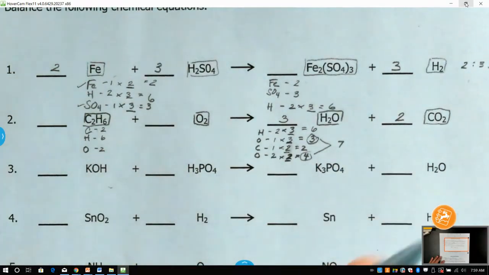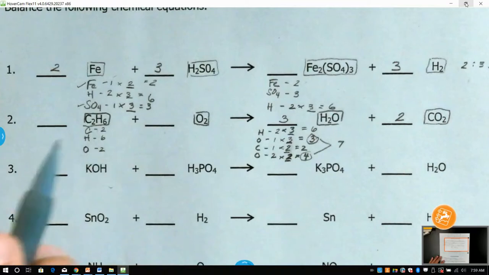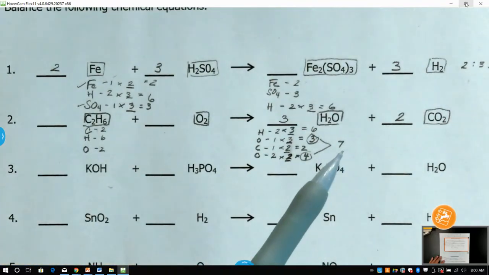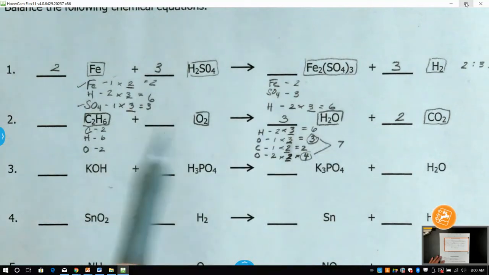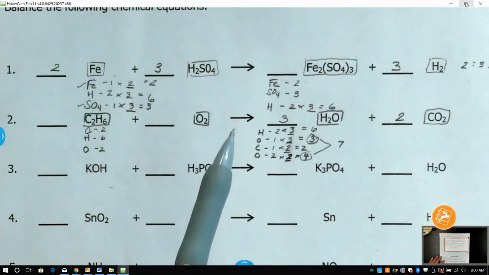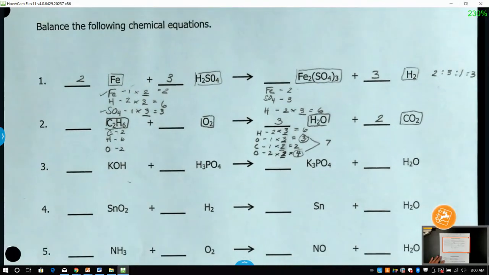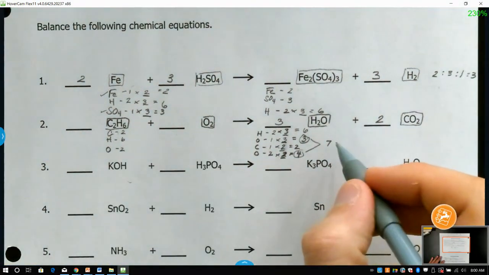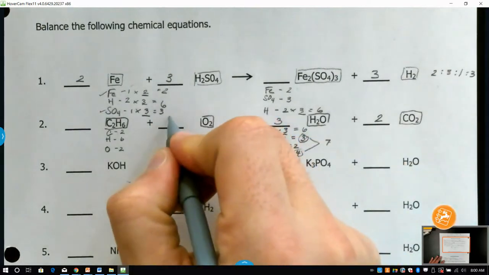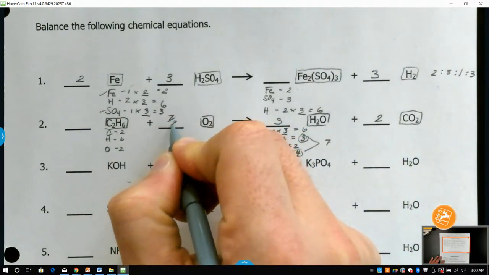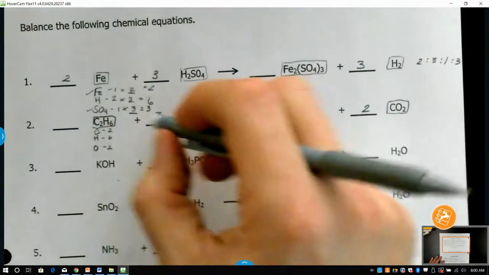So what happens when you get this? When you get an odd number of oxygen like this in a combustion reaction, this is how they would show you. You would do kind of this method. 7 halves, or let me write it better.